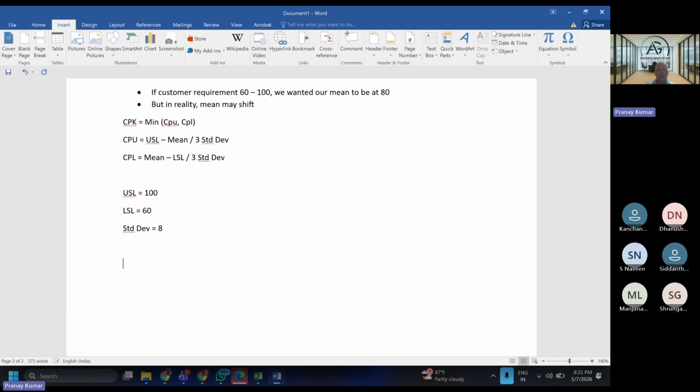So when I'm calculating my CP, I'm saying USL minus LSL divided by 6 into 8, 40 by 48, which means CP is less than 1, not acceptable. Yes, everyone? So my CP is less than 1.